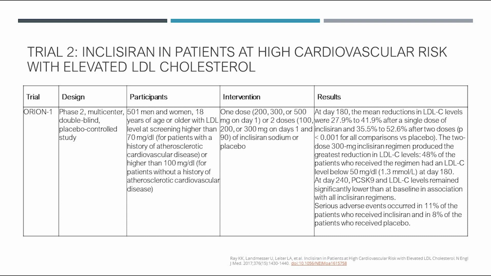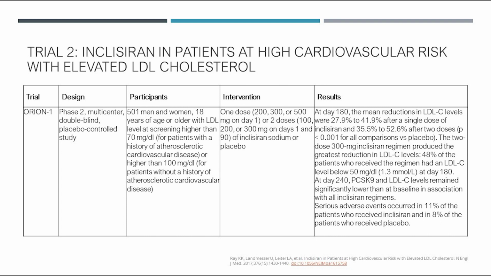At 6 months, the mean reductions in LDL levels were 27.9% and ranged to 41.9% after a single dose of Inclisiran, and 35.5% to 52.6% after 2 doses of Inclisiran. And this was noted to be statistically significant.